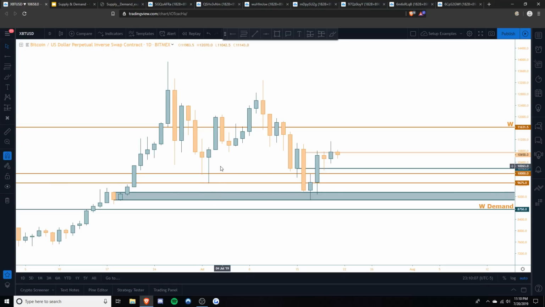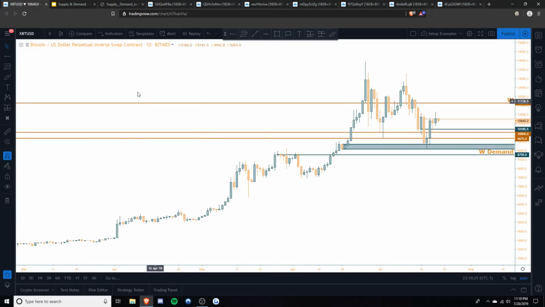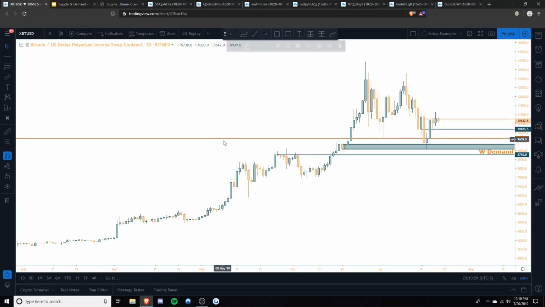There are a lot of other things that I use for directional bias, but supply and demand is a part of it. I might just make a whole video on directional bias because there are a lot of other factors that I look at and not just supply and demand. But yeah, let's go ahead and delete some of these levels.